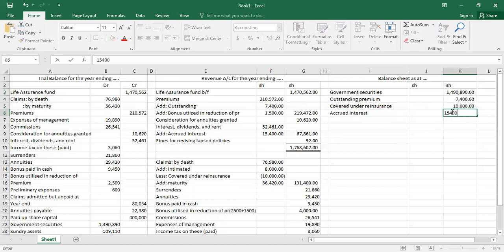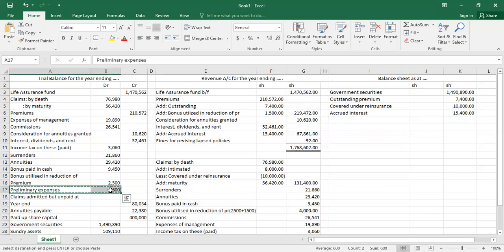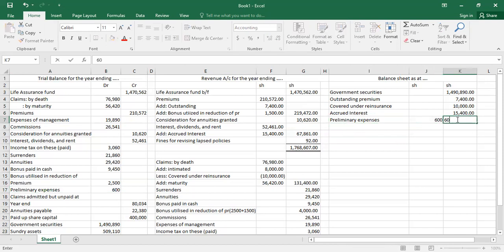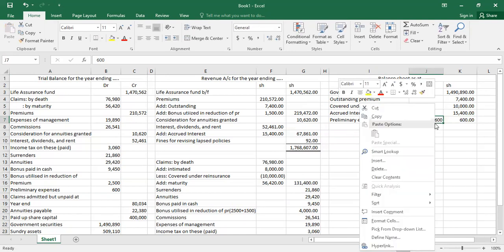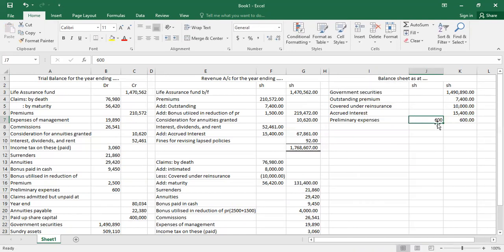I have these preliminary expenses. We paid expenses assets. So the business here is to try to know which is an asset, which is not.